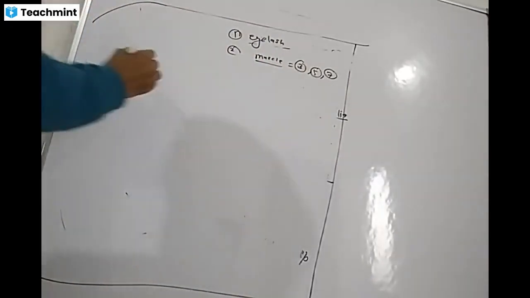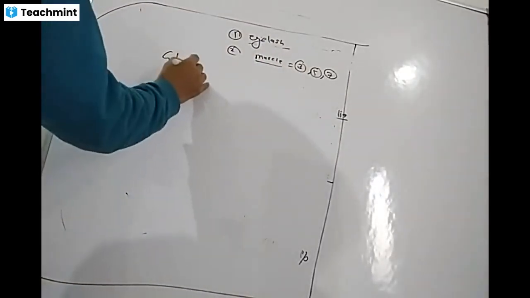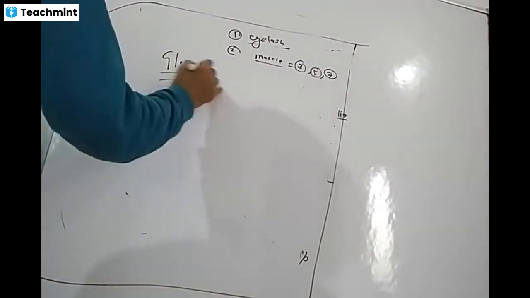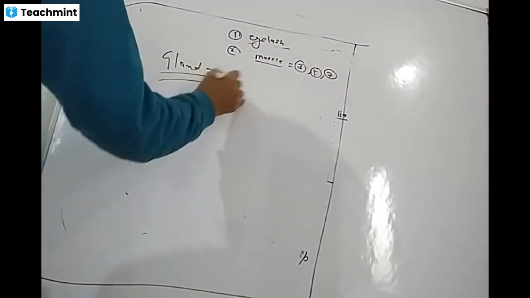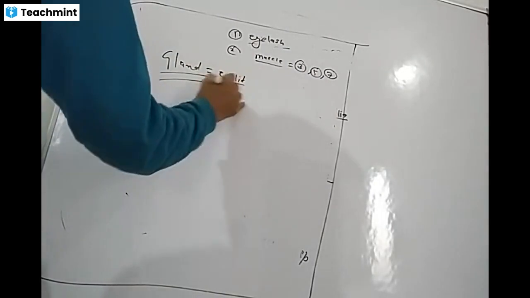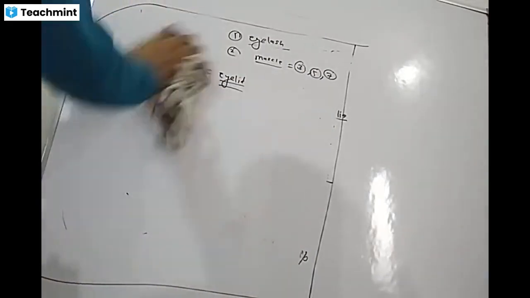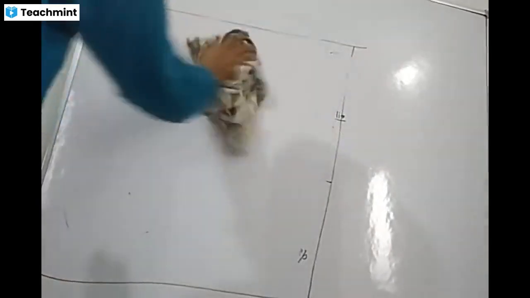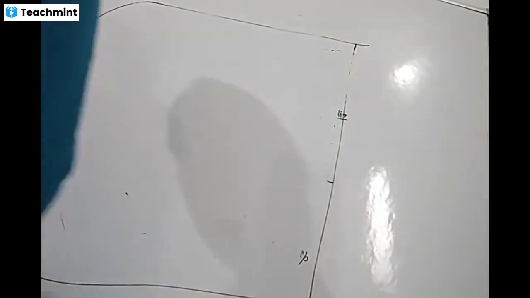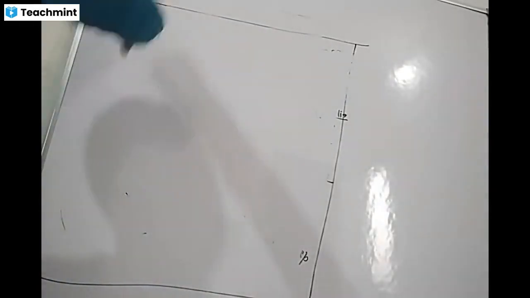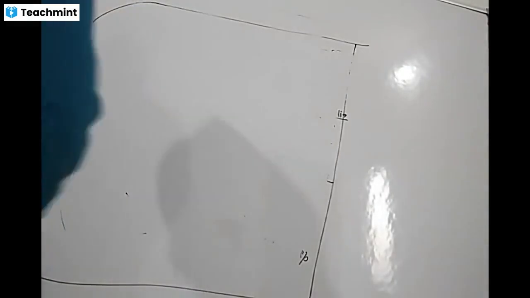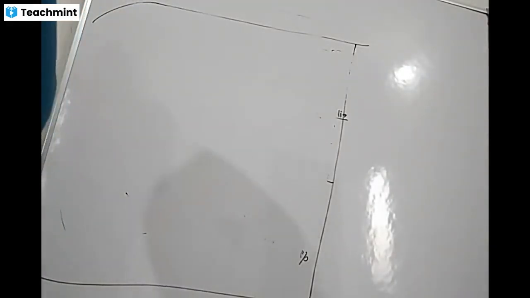The third topic, which is the most important topic, is the glands in your eyelid. What are the glands present in the eyelid? If infection happens in these glands, what terminology is used? If there is no infection, only swelling, what terminology is used?